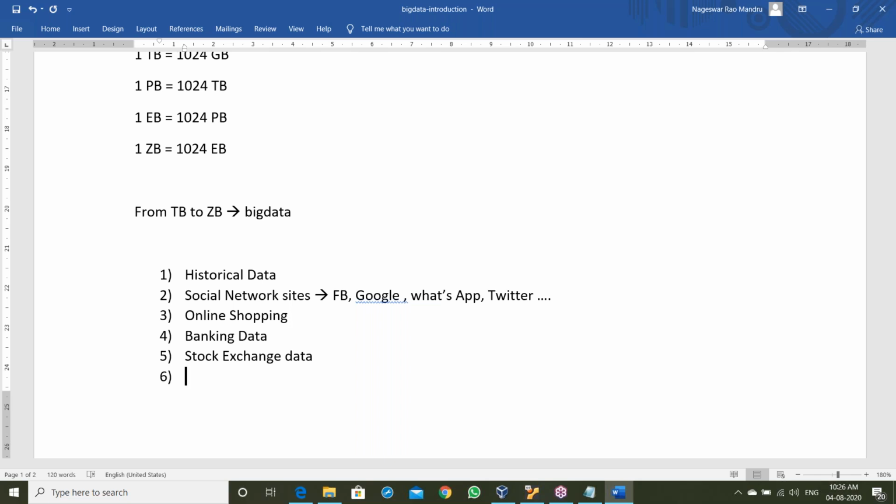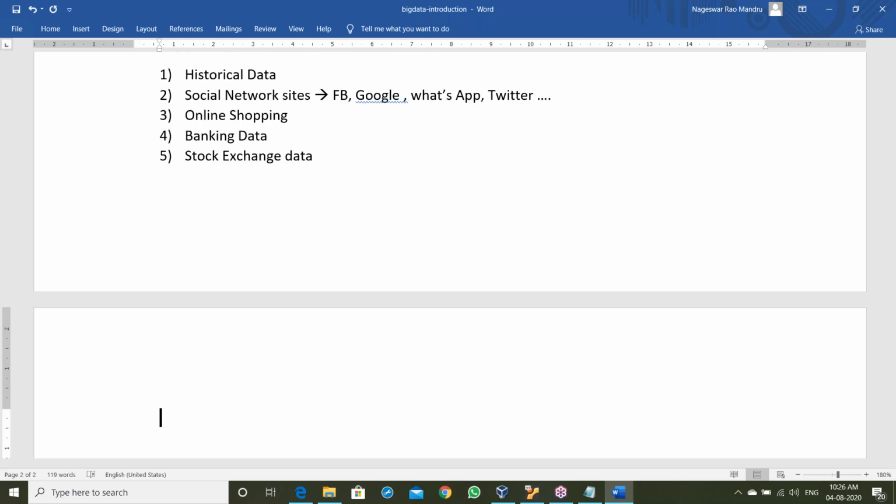If you want to buy a share, you consider its performance: last 1 week, last 3 weeks, last 1 month, last 3 years. So the stock exchange has to provide that historical data, and this comes under big data.